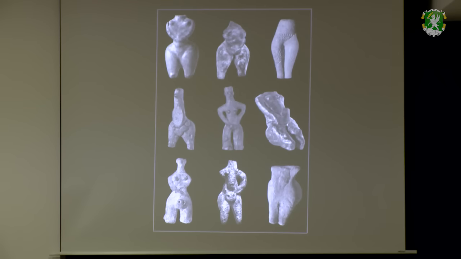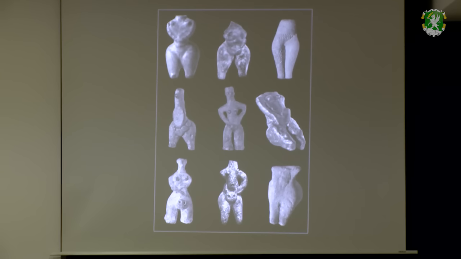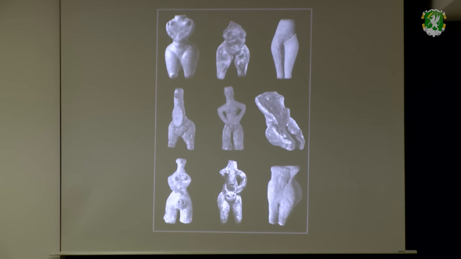So these are some selections of figurines. I intentionally omitted the name of the site because I would like to speak about figurines and hybrids at a more general level. So these aspects which I will present now can be applied to any other figurines and hybrids in the Balkans and in Europe in general.